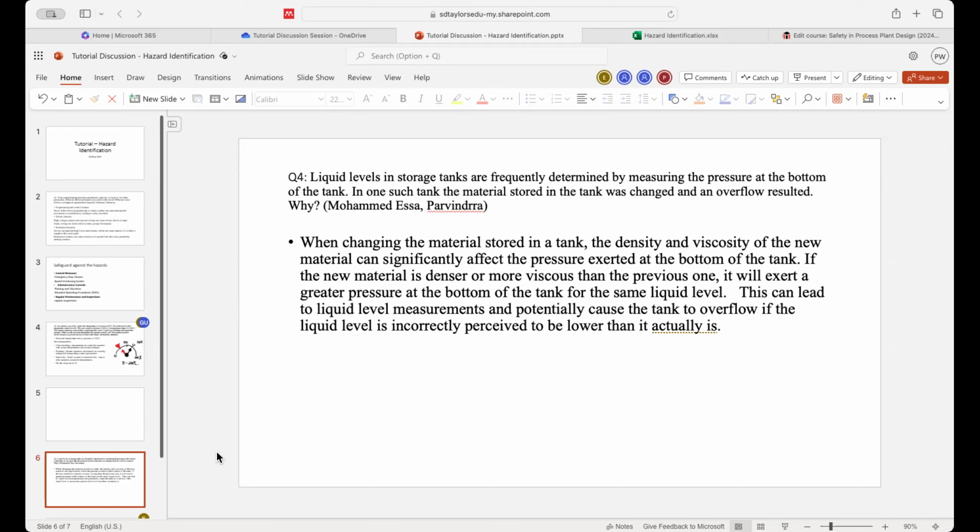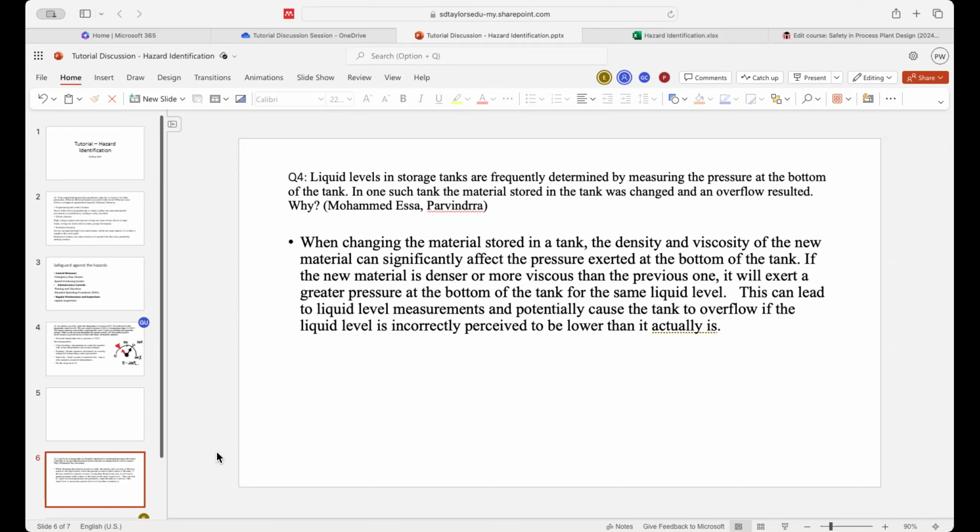So when you have a different chemical, the density of the chemical changes. If you have a denser chemical, it gives higher pressure at the bottom. So for the same volume, it actually shows a lower volume in the tank. But if you have a lighter one, for example you change from water to oil, you're going to have an overflow.